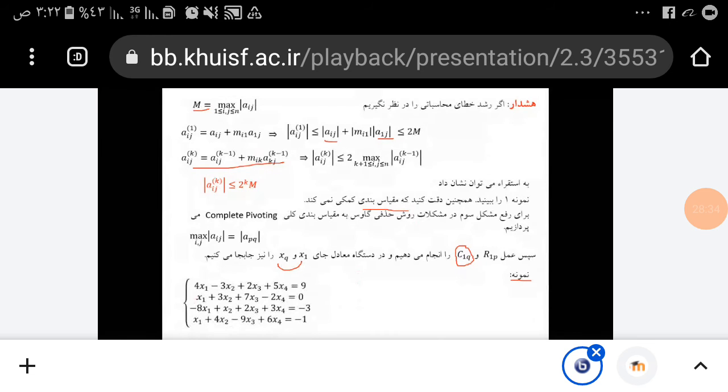Consider we have this system: 4x1 minus 3x2 plus 2x3 plus 5x4 is equal to 9, and likewise for the second equation, third equation, and fourth equation.